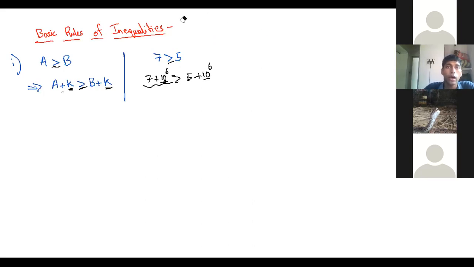Now, having said this, it is equally true with subtraction also. If A is greater than or equal to B, then that also implies that A minus K is greater than or equal to B minus K. Same logic here.